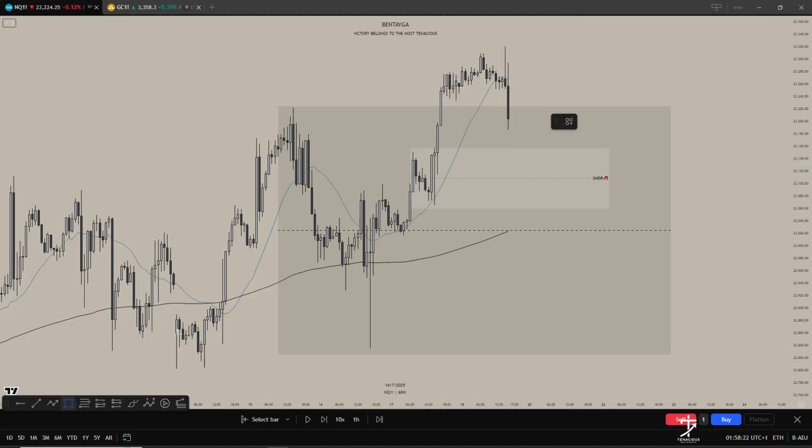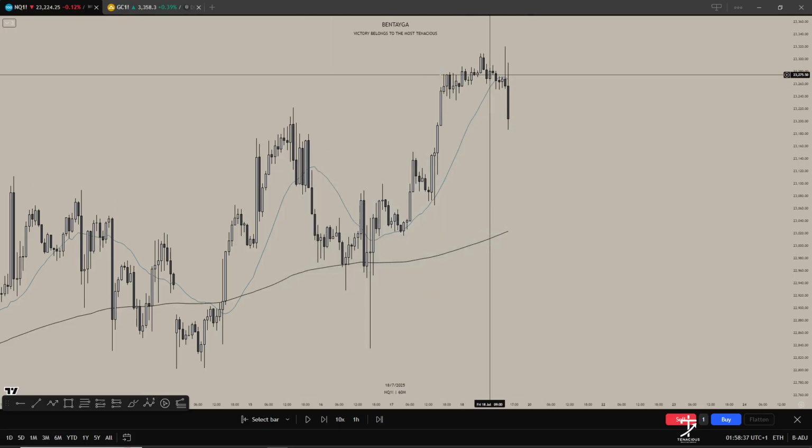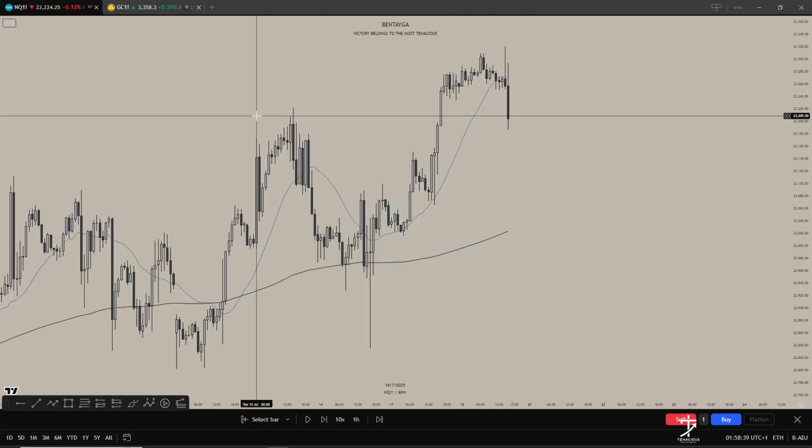We might want to tap into this area of supply and demand, and we might even want to tap into this wick fractal, whatever you call it, right there. It really depends, but we can see that potentially price is in the pullback leg, but overall we are bullish.